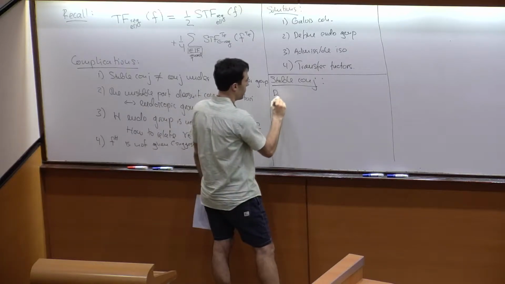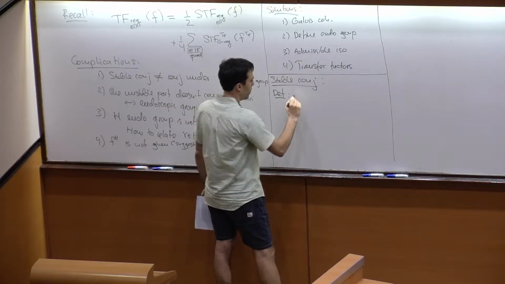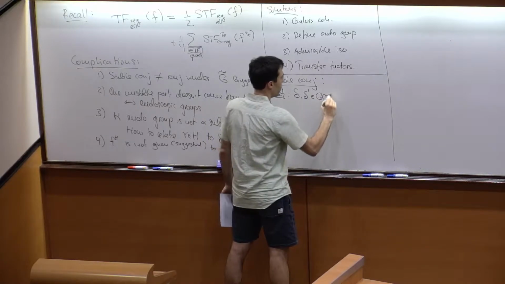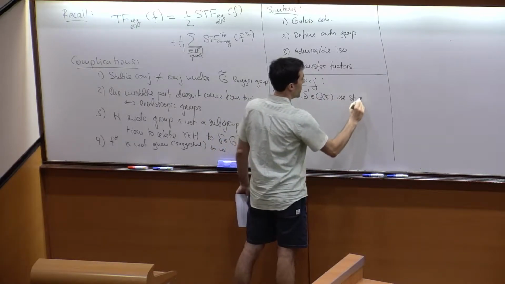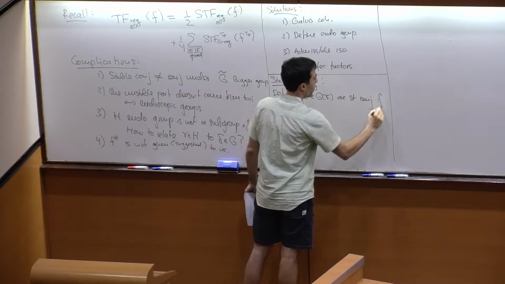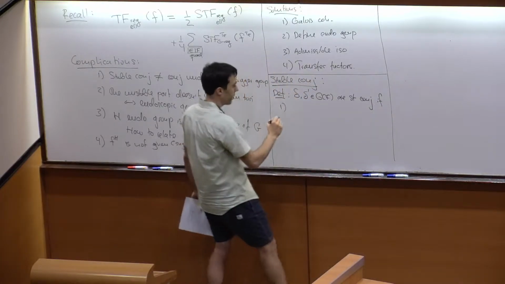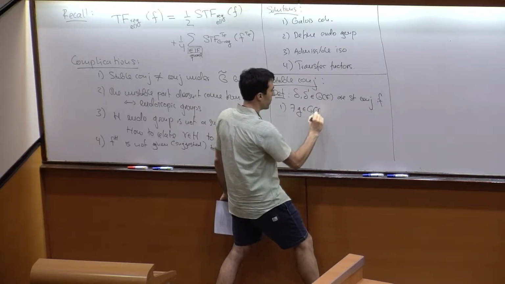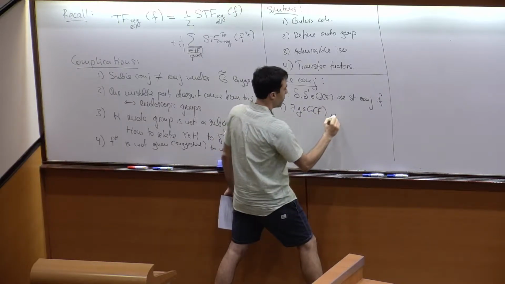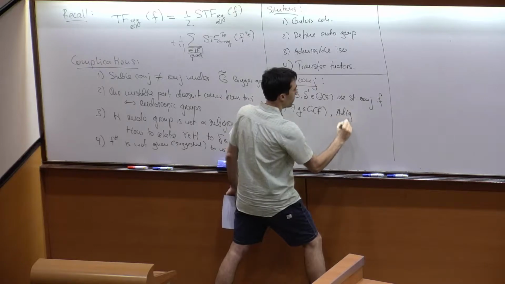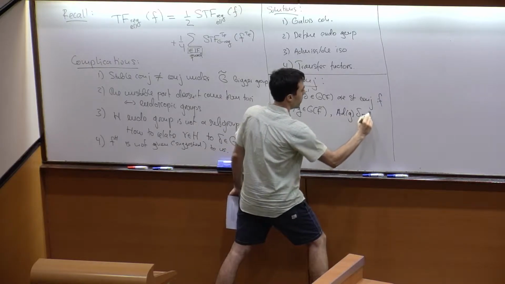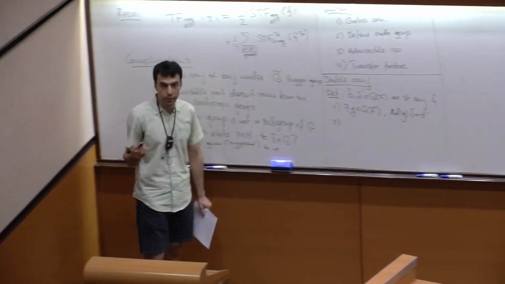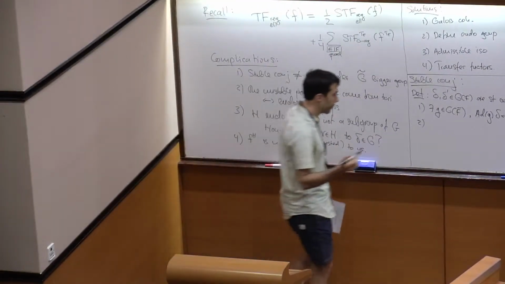Namely, definition: delta and delta prime in G(F) are stably conjugate if there are two things that have to happen. One is, as before, there has to exist an F bar point that conjugates one to the other. But then two, we have to now account for the fact that the derived group is no longer simply connected.